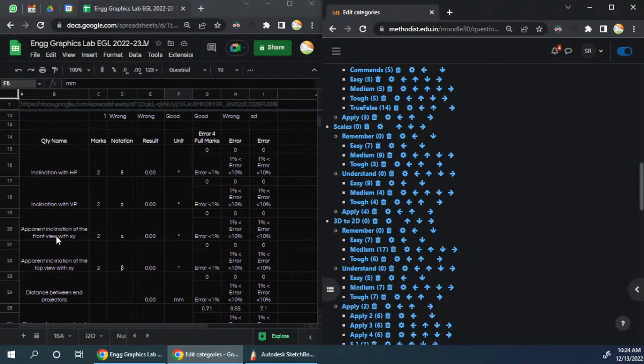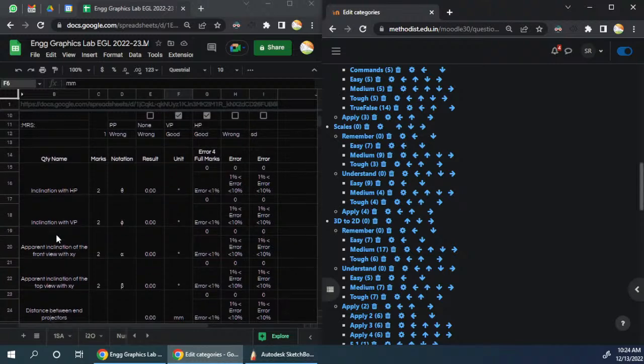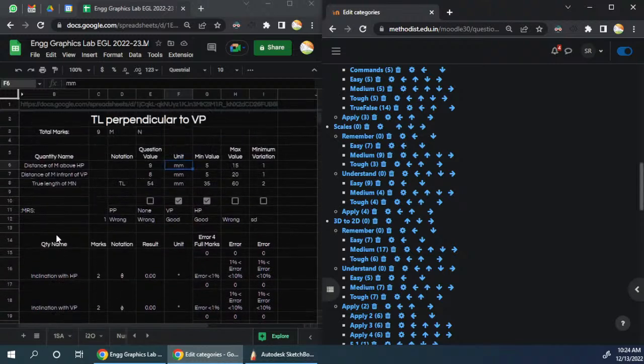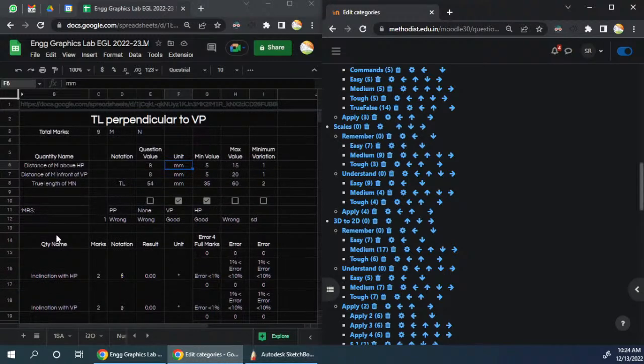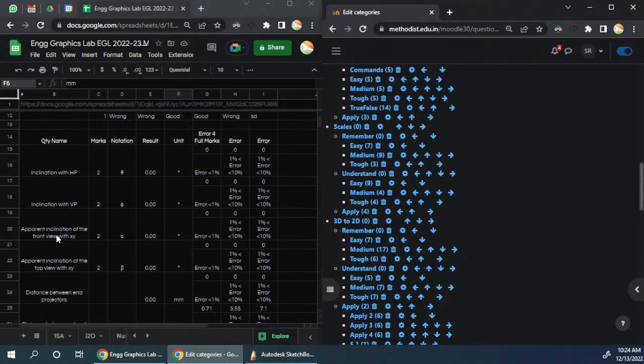Yes, instead of this, we have to make it something else. Front view length, top view length, and side view length. How would that be? That's going to be more interesting, because apparently the inclinations are going to be the same as the actual inclinations, so I don't think we're supposed to ask that.